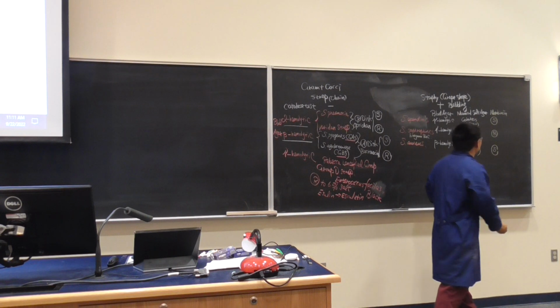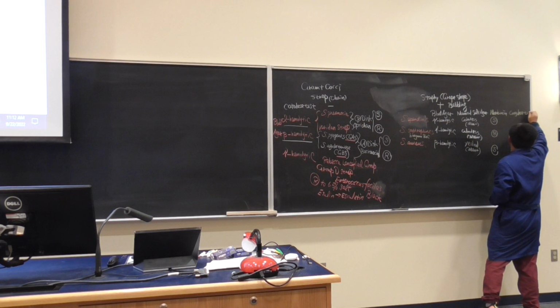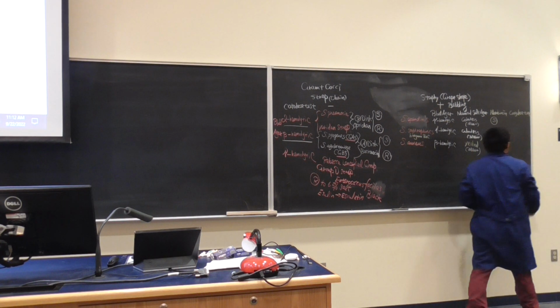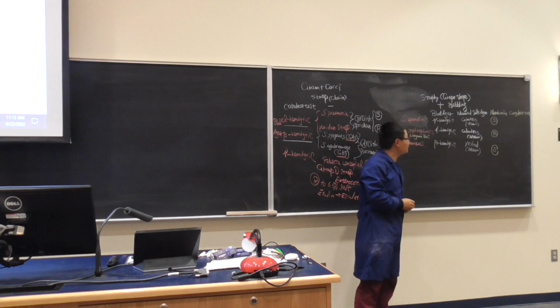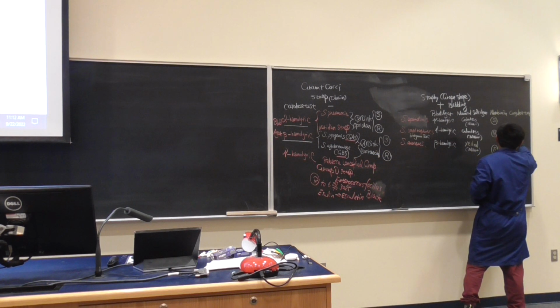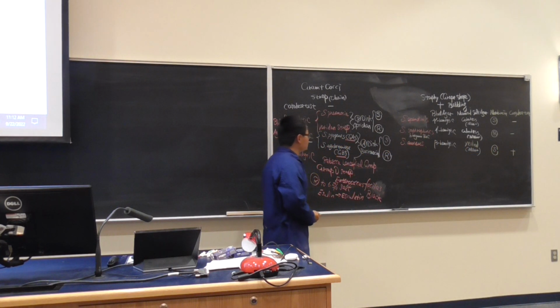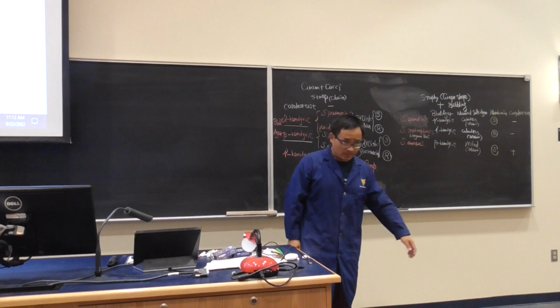And last thing we talk about is the coagulase test. Coagulase test, which means clumping or coagulation of the blood, Staphylococcus aureus is positive, both of these are negative. Okay, so this is a conclusion table.